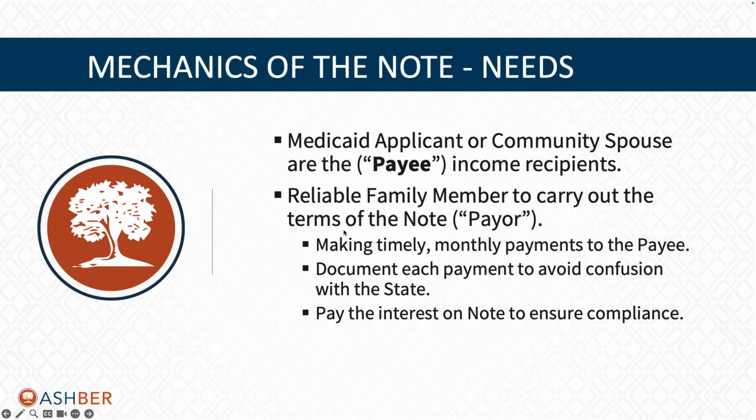So the payor must make timely monthly payments. They should document everything to avoid confusion with the state, and also pay interest on the note to ensure compliance. So that AFR that we talked about, the payor is responsible for coming up with that additional interest each month to ensure compliance with the Medicaid rules.